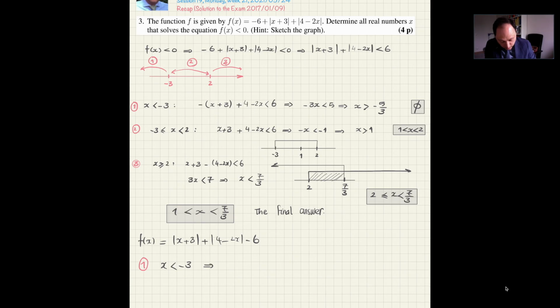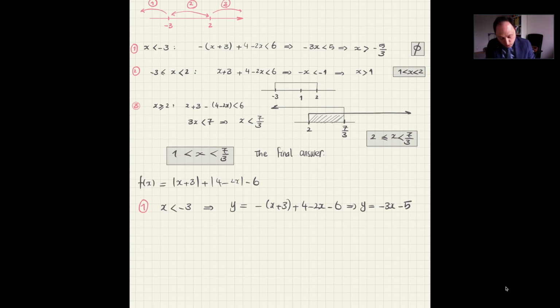Instead of f(x), let me write y here. The first one is negative, the second one is positive, and then I have a minus 6. If I simplify that, it becomes minus 3x, and then 1 minus 6, which is minus 5.